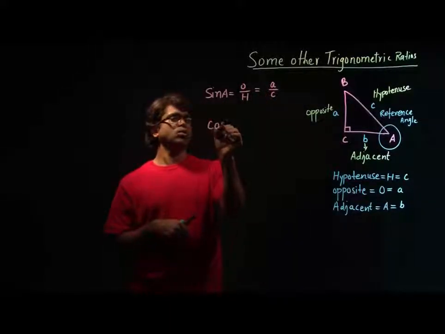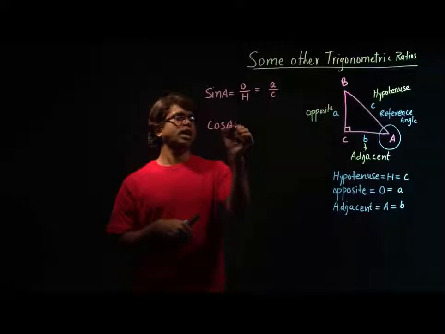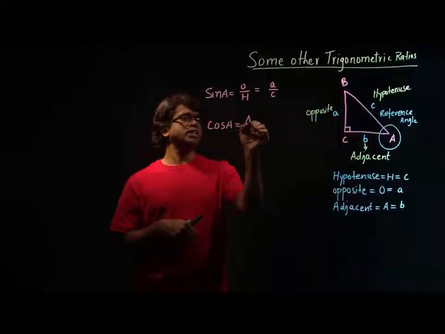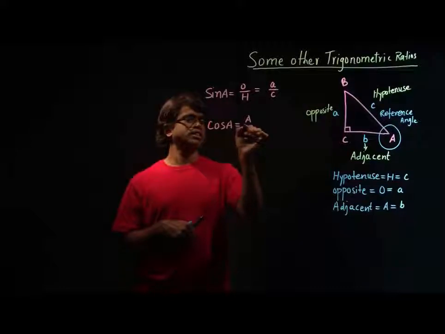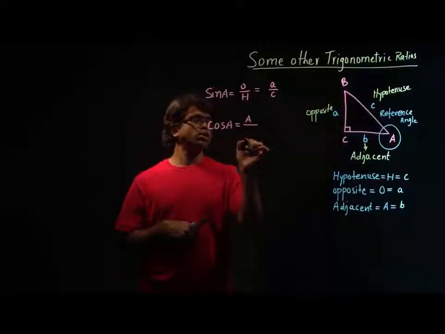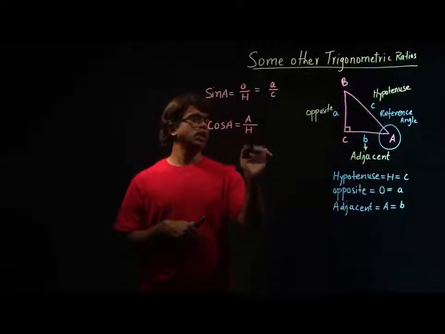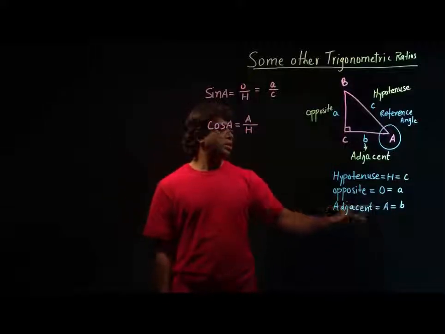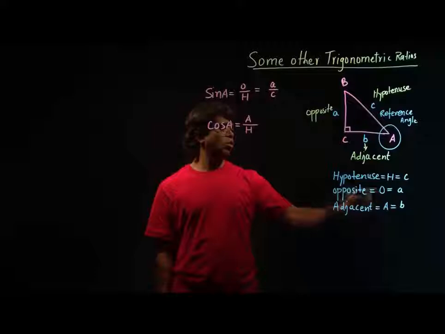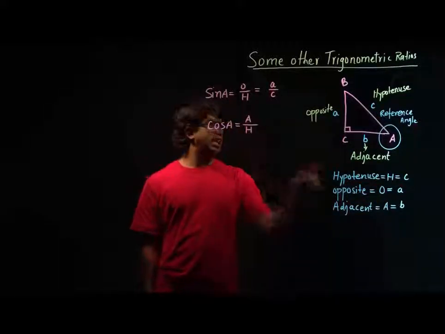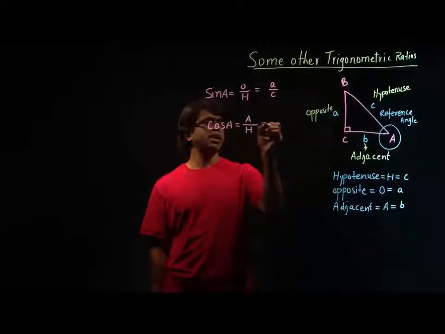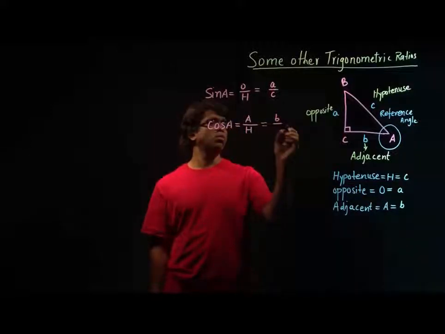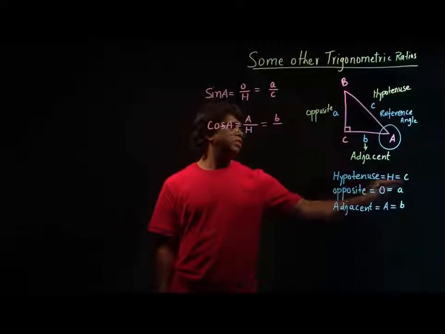Let's talk about cosine. Cosine A was adjacent over hypotenuse. Just to remind you, I'm using A for adjacent, O for opposite, and H for hypotenuse. So my adjacent A is b, over my hypotenuse H, which is c.